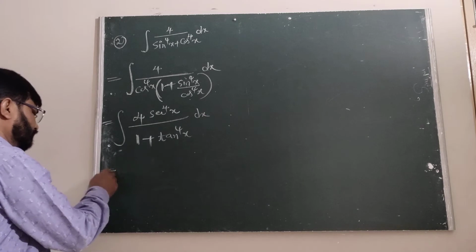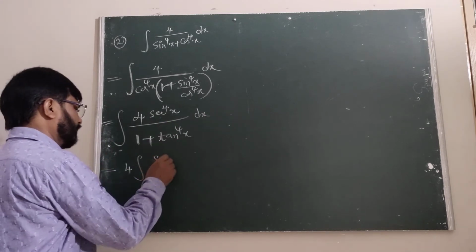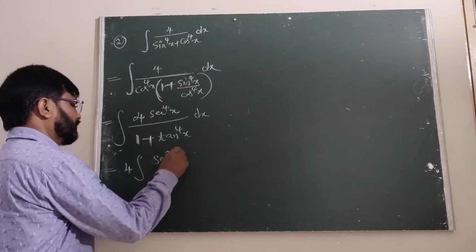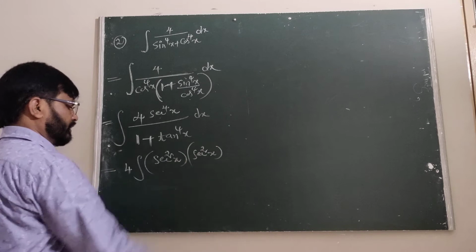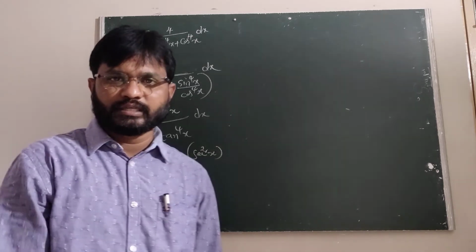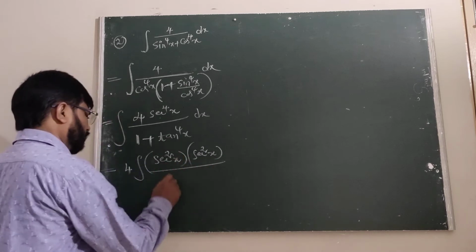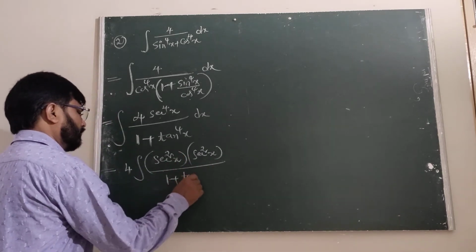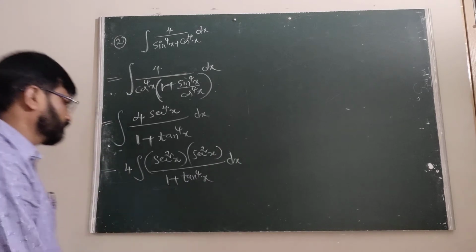Therefore secant power 4 can be written as secant square x into secant square x, upon 1 plus tan power 4x, dx.